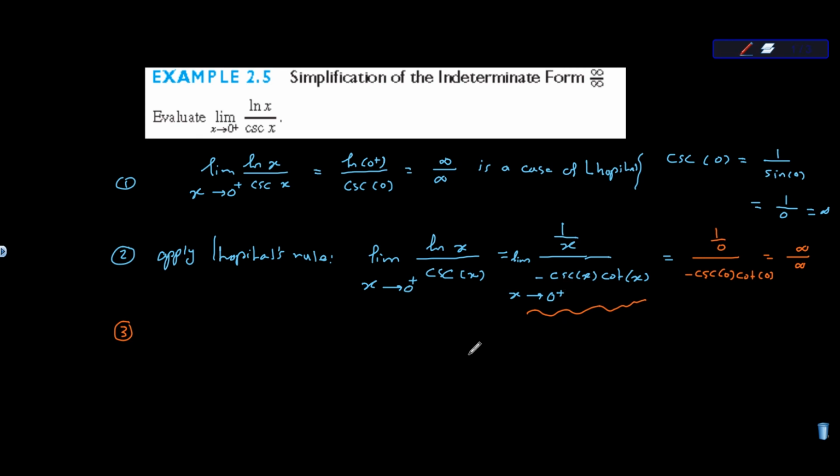Okay, here we can write this as the limit as x approaches 0 from the right. Maybe we can write it like this: 1 over x, minus csc x, over sine x, times cot x.